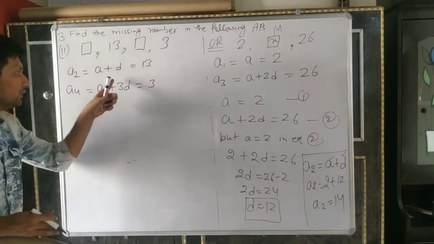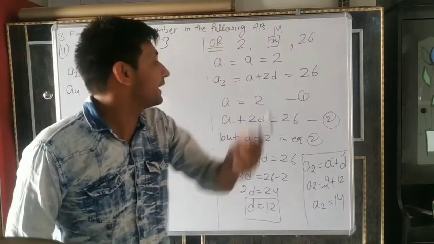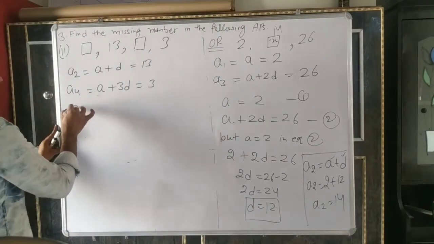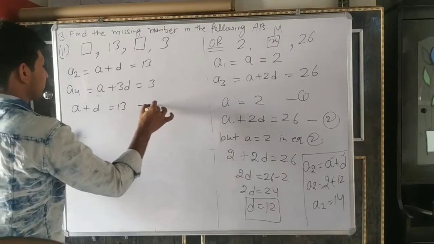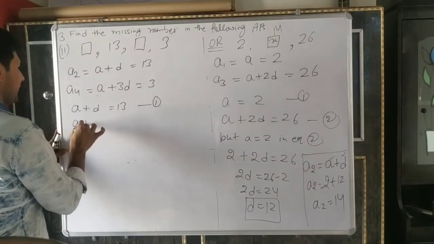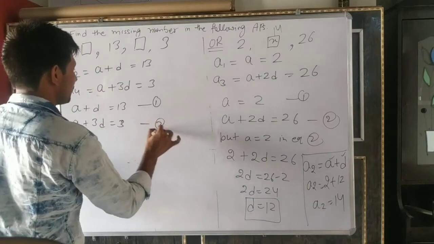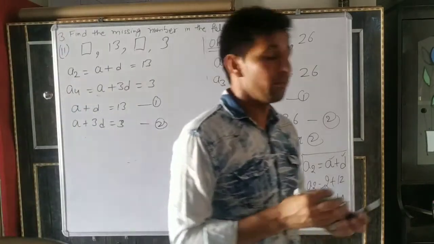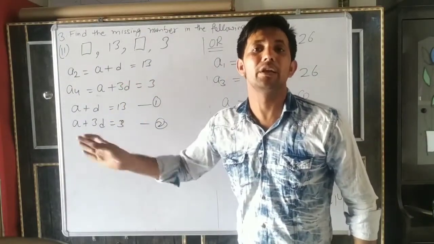Because everyone knows this formula: A4, A5 is A plus 4D, A10 is A plus 9D. So we will write A plus D equal to 13, equation 1. A plus 3D equal to 3, equation 2.